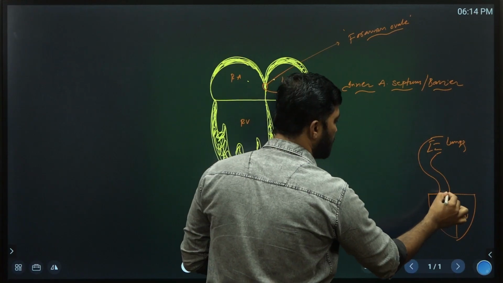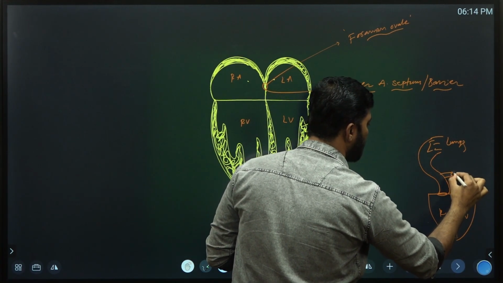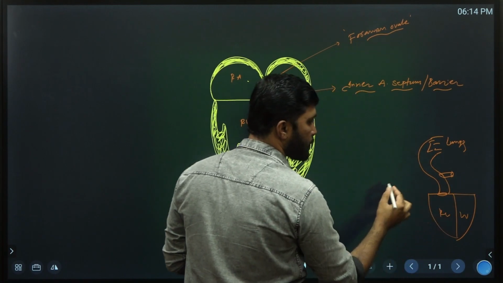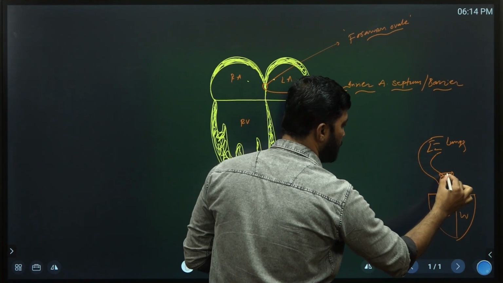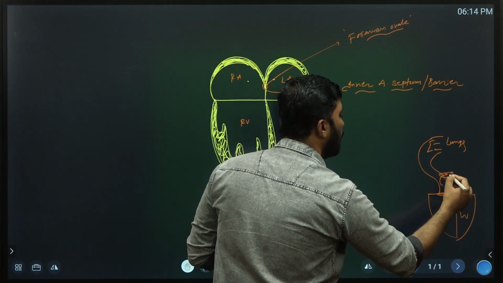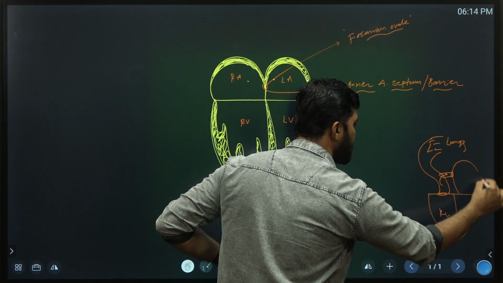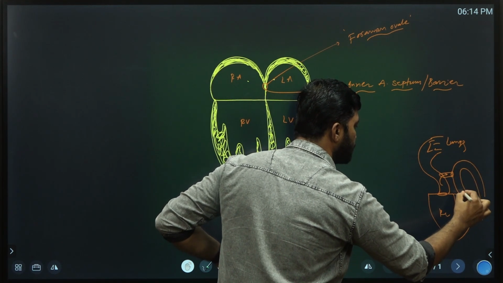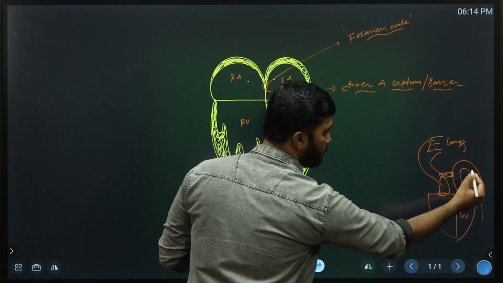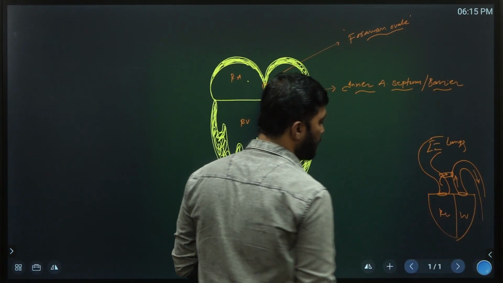Almost 98% of blood moves towards the ductus arteriosus, towards the aorta. Maximum blood moves towards the ascending aorta and the descending aorta.